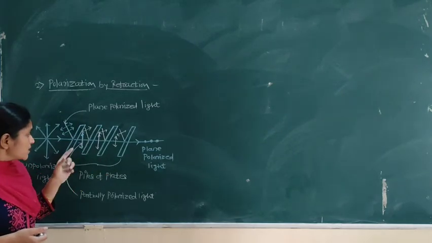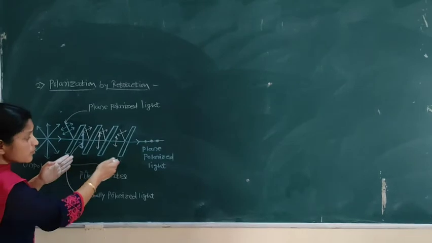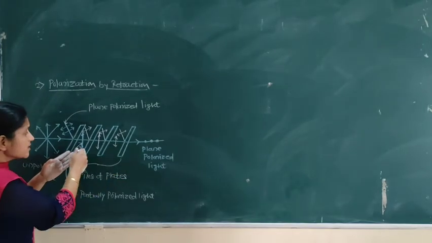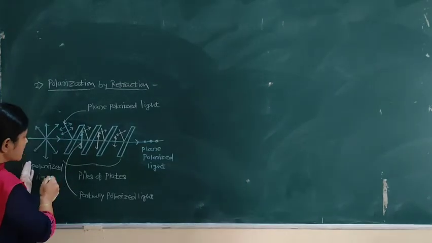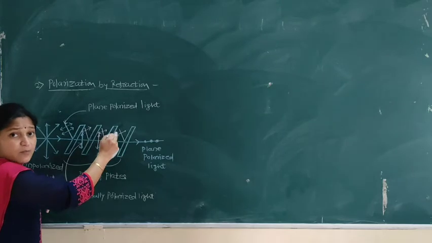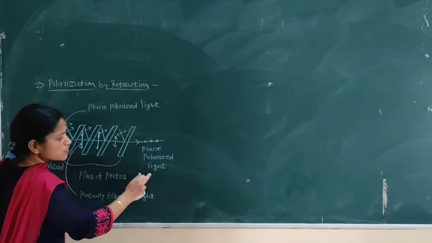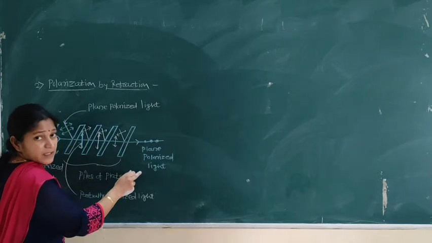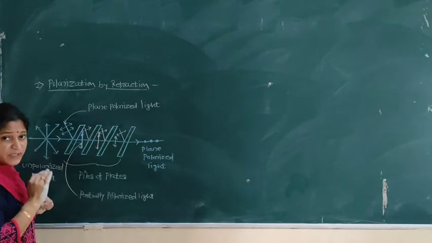Since we use a number of glass plates instead of one, the process is repeated, the unpolarized component decreases and the polarized component becomes prominent, which gives almost plane polarized light, and that plane polarized light is parallel to this pile of plates.